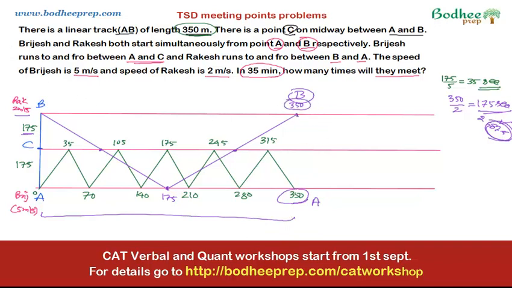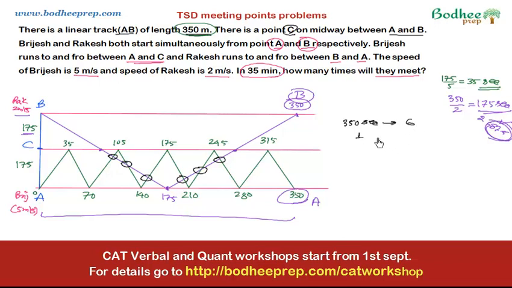The number of times they have met is, this is 1, this is 2, this is 3, this is 4, this is 5. I'm sorry, I've just missed this point as well. This would be the 6th point. So we can say that in 350 seconds, they meet 6 times.